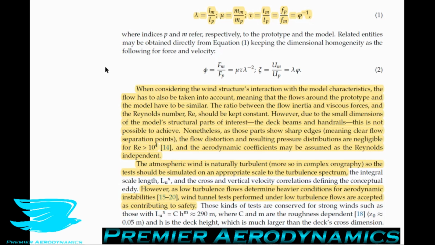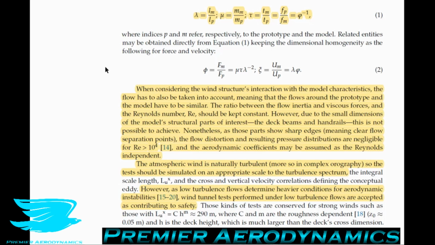But that's when you need to get intelligent about what you're doing and think about how the Reynolds number is affecting the flow. And sometimes you can go for a lower Reynolds number and still get the same flow phenomena. For example, if you have a sharp object, the vortex shedding coming off of a sharp object is very similar across a very wide range of Reynolds numbers. And that's because the sharp edges are dictating where the flow is separating.